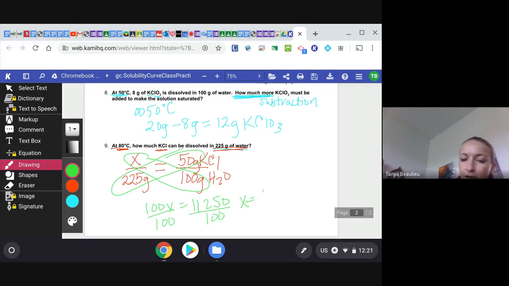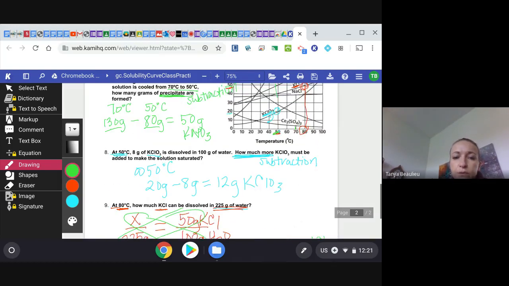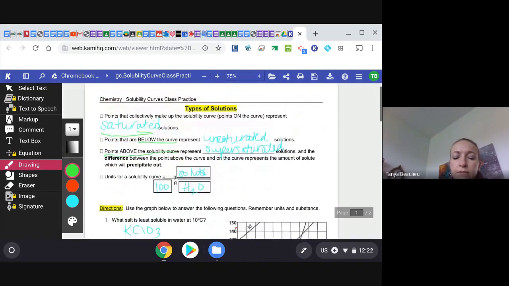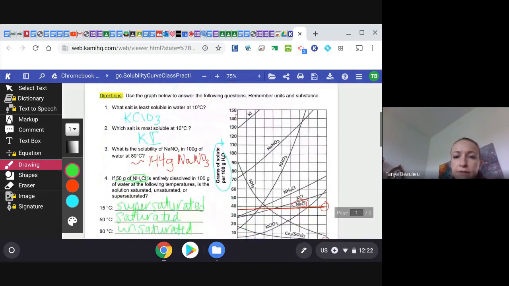And I get 112.5 grams. And my substance here was KCl, or potassium chloride. So I want to make sure that I label it KCl there. So on this assignment, or on your assignment tomorrow, you're going to see all these different types of problems. So it's good to have this assignment or this worksheet in front of you to help guide you as to what types of problems you're going to have there.